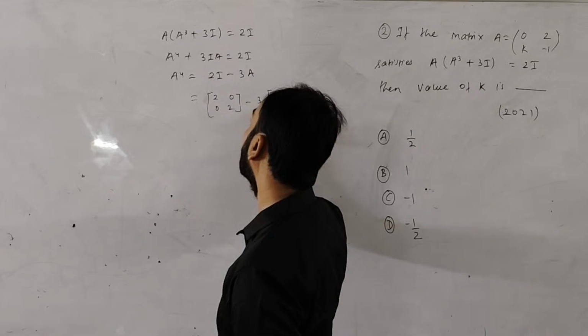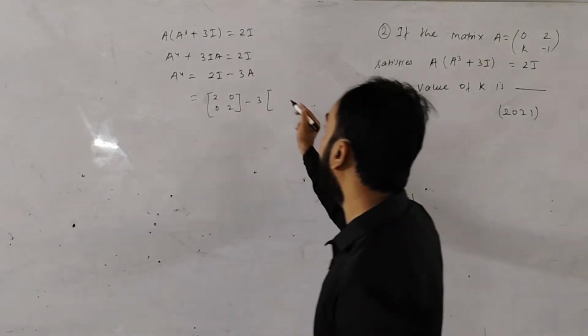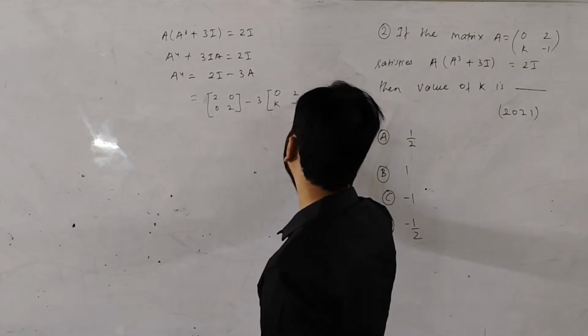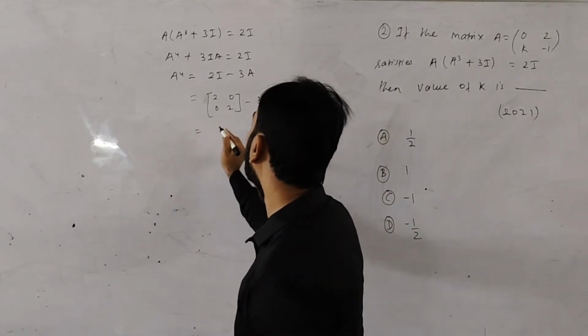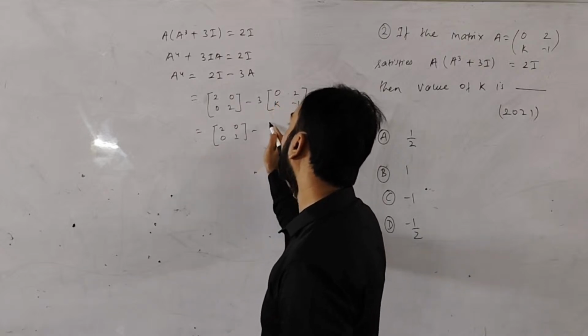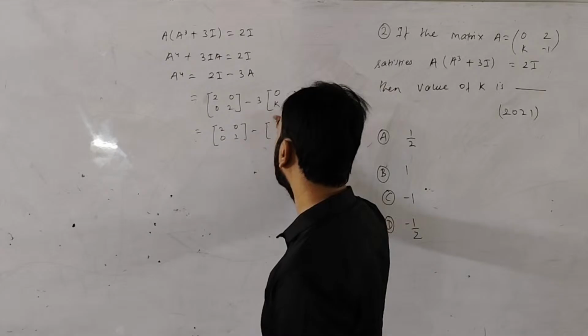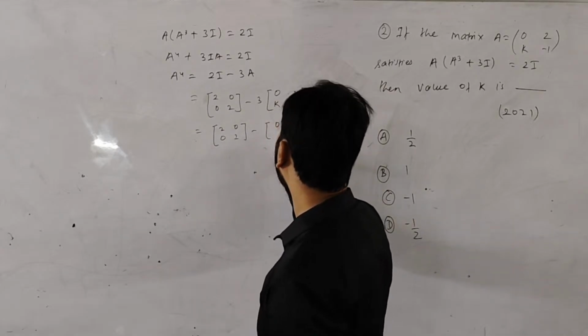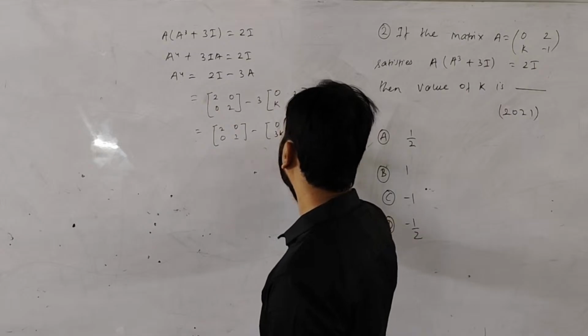And minus 3 of A. What is our A? A is here 0, 2, k and minus 1. So it will become 2, 0, 0, 2 minus 0, 6, 3k and minus 3.